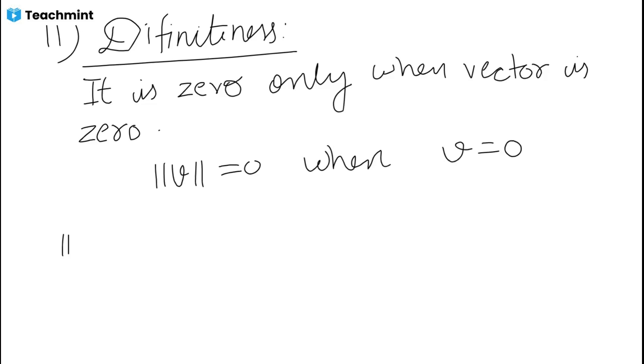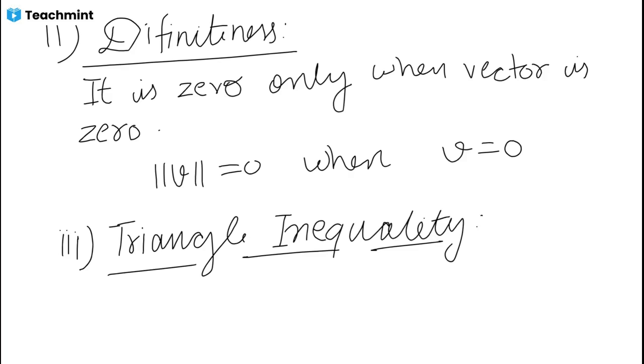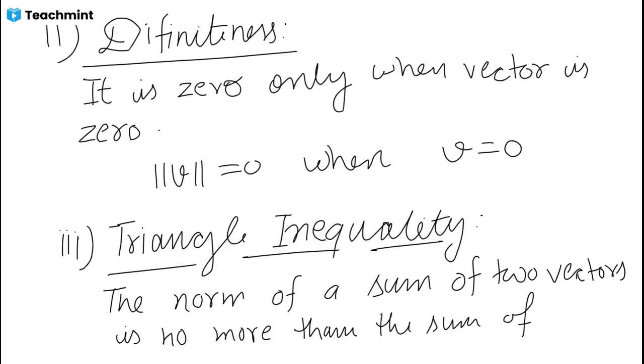Next property is triangle inequality. The norm of a sum of two vectors is no more than the sum of their norms.